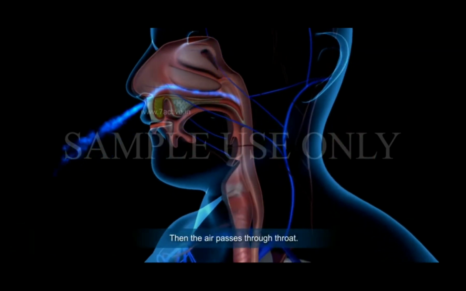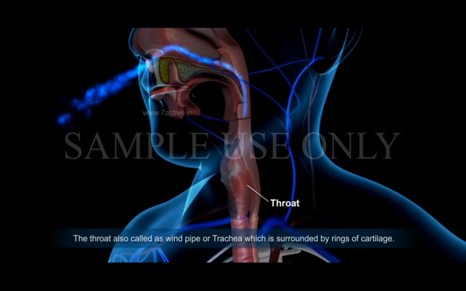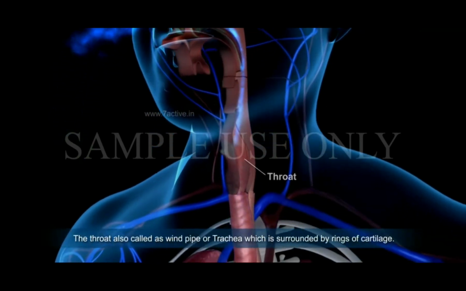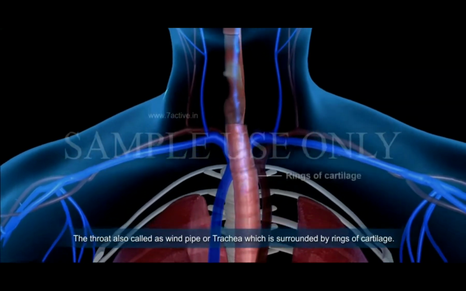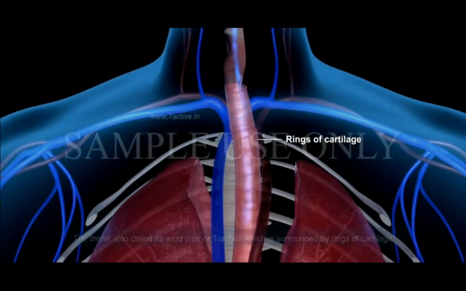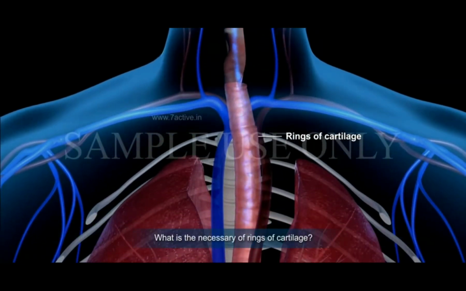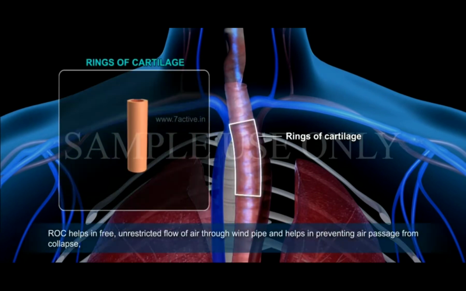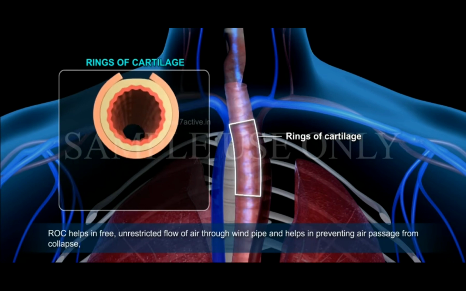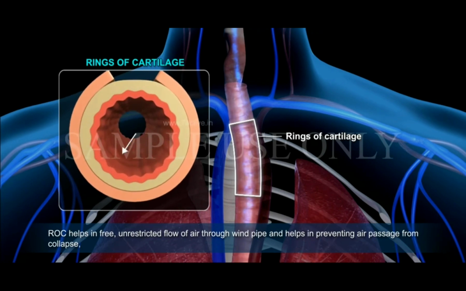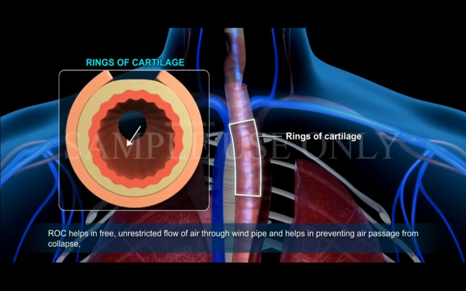Then the air passes through throat. The throat, also called windpipe or trachea, is surrounded by rings of cartilage. What is the necessity of rings of cartilage? Rings help in free, unrestricted flow of air through windpipe and help in preventing the air passage from collapse.